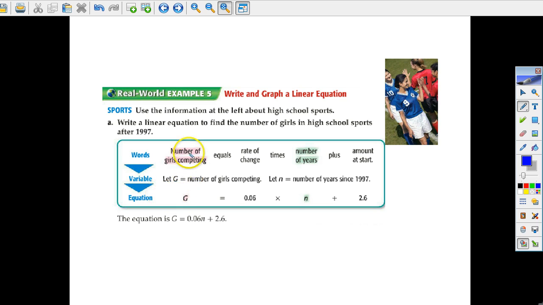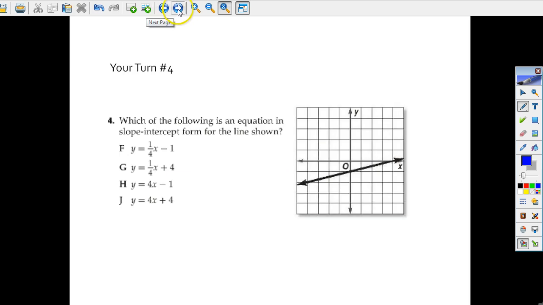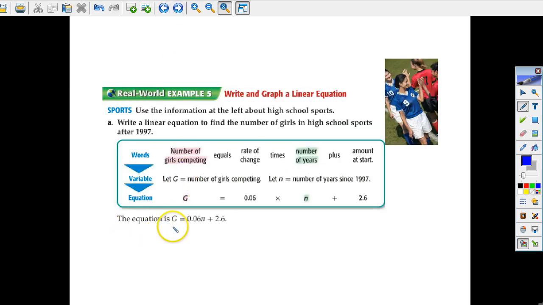Here, the number of girls competing, G, equals the rate of change times the number of years plus the amount at the start. The number of years since 1997 is N, the rate is 0.06, and the amount they start with is 2.6. I believe I'm missing a graph here, but anyway, the equation is this.